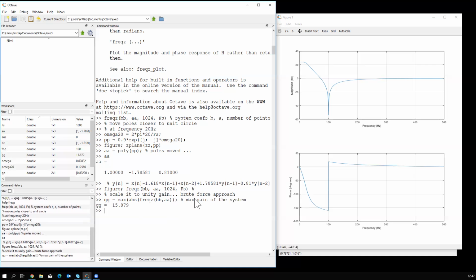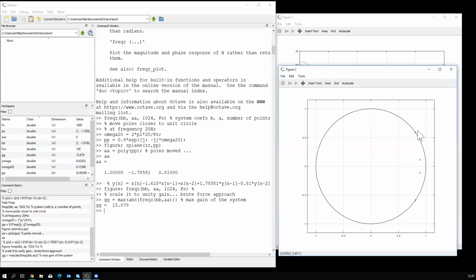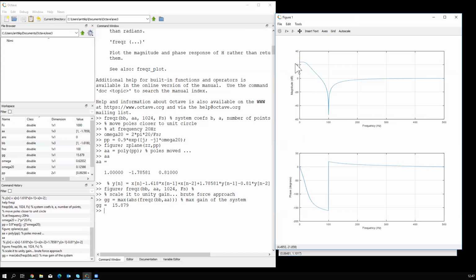Okay, 15.879. So it's not 50, but in a sense, it's 50 times larger than without. Remember, it had quite a lot of suppression due to this proximity of the zero point already in this region, the original. So compared to that one, this one is 50 times bigger.